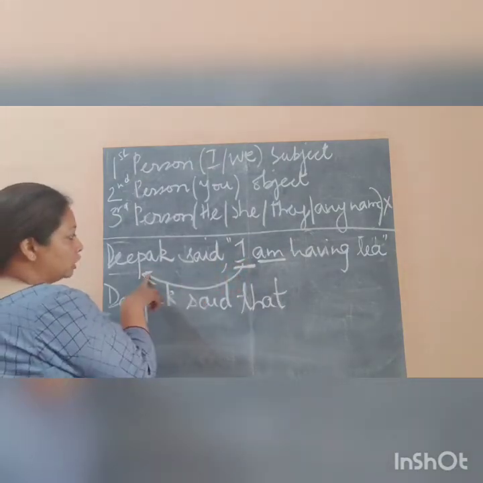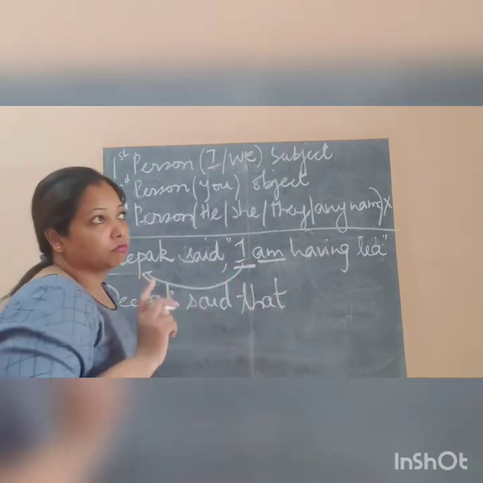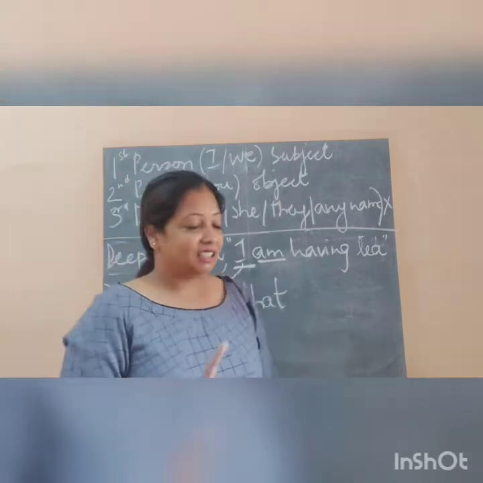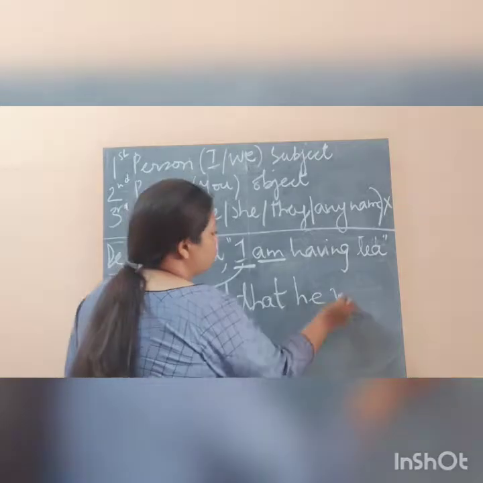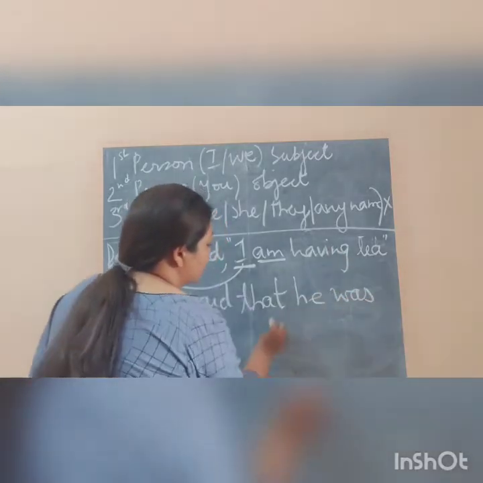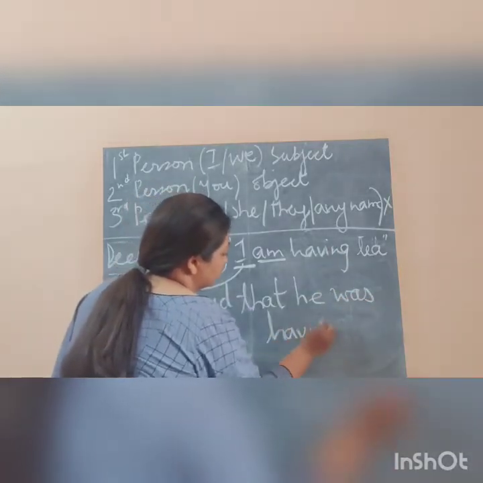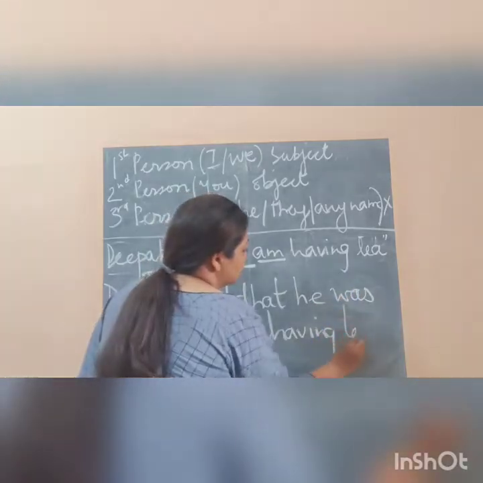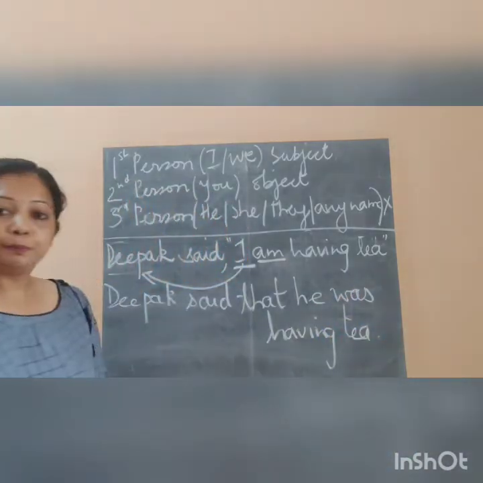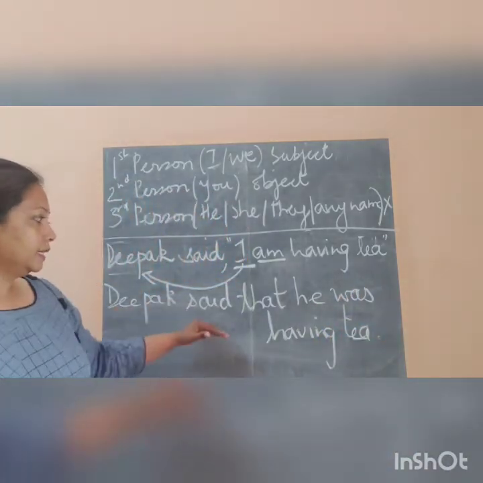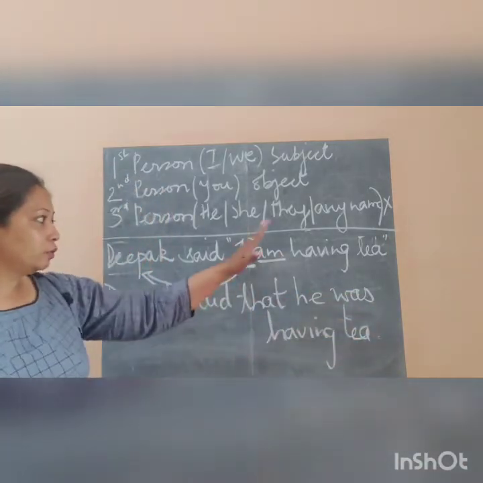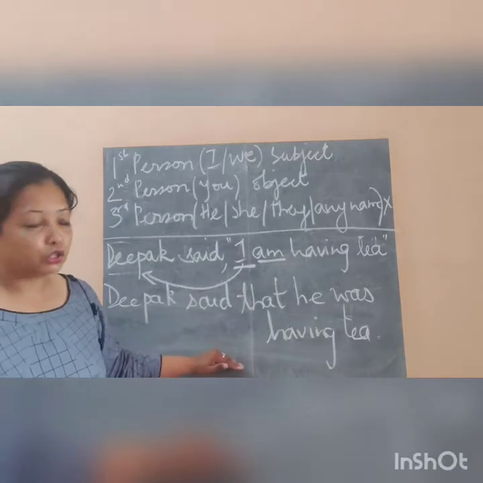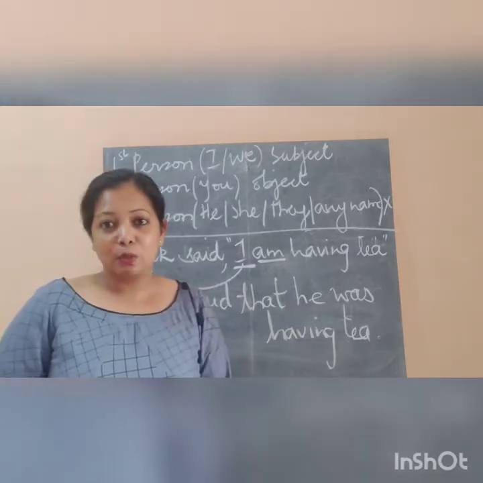Now we will change according to Deepak, and Deepak is he. He was having tea. Deepak said that he was having tea. So we have removed the quotes also and we have changed it to indirect speech.